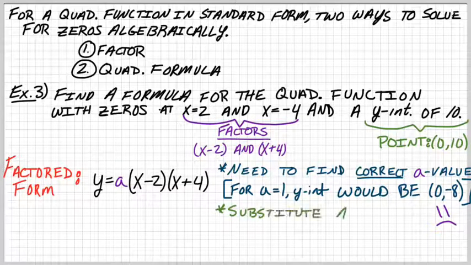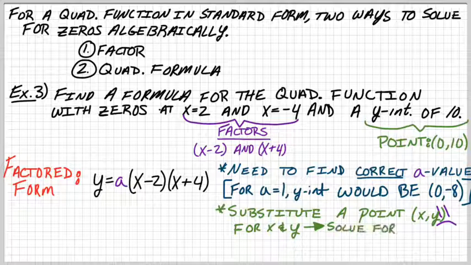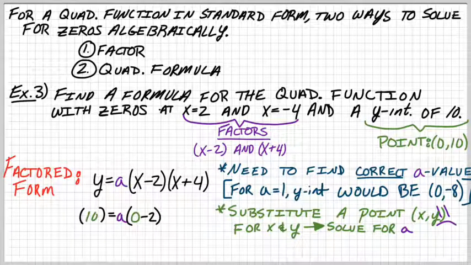So let's substitute. We need to substitute a point for x, y. I'm going to plug in 0, 10. So now look, where the x's were, I put in 0. I even color-coded it because I got it from this green point up here. And where the y was, I plugged in a 10. I'm going to have to get rid of my sad face here because it's getting in the way.